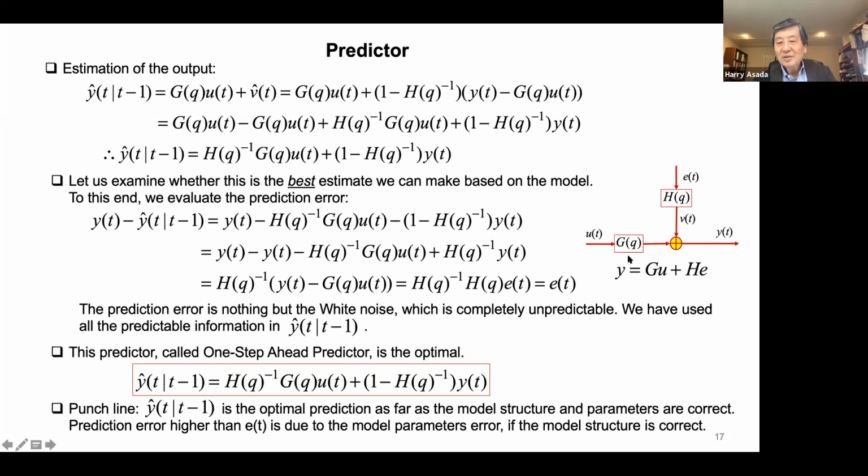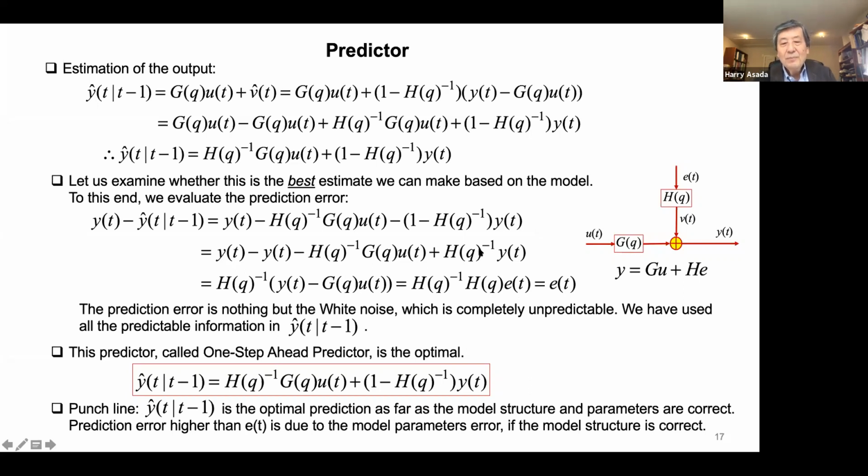What is y(t) minus G(q)u(t)? Again, let's look at this: y equals Gu plus He, right? So y minus Gu is actually He. So this part is basically H times e. Replacing this one here, the H and the H inverse cancel out, just leaving e(t). So what does this mean?